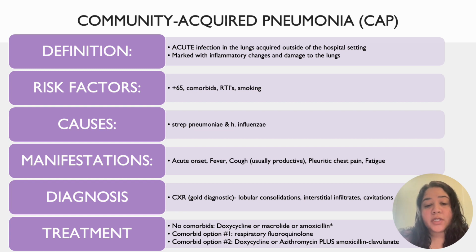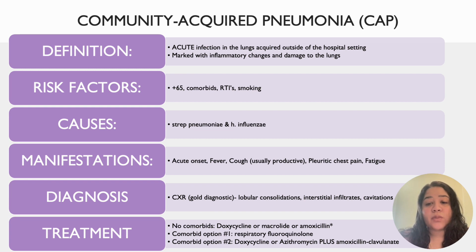So the first treatment option for somebody who has comorbidities will be a singular monotherapy treatment with a fluoroquinolone. And the second treatment option for somebody who has comorbidities will be combination therapy. So doxycycline or azithromycin plus Augmentin. So know that, right?